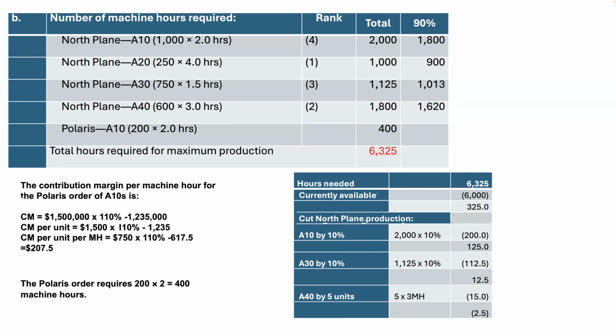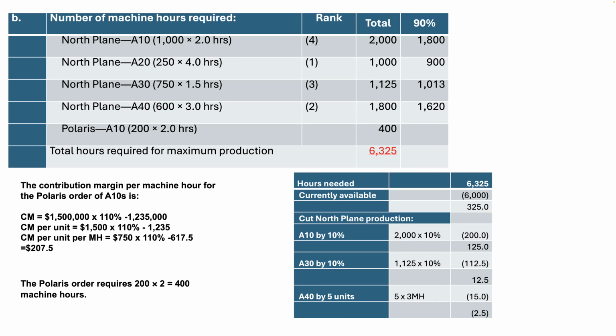Now the consideration would be, since we are allowed to supply only 90% of the level to North Plane, it doesn't have to be always 100%. So it's still okay according to the contract if we supply North Plane at 90% of the level. Therefore, what about we cut the production on the units for North Plane so we can release some machine hours?